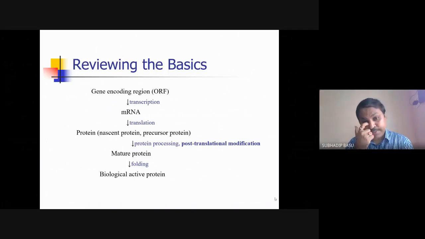Through the transcription process we have the messenger RNA, and this messenger RNA goes out of the nucleus and binds with a ribosome, which is also called a protein factory, to generate the protein. This is called the process of translation. So first we have the transcription, and then we have the translation, and the nascent or precursor proteins are generated.